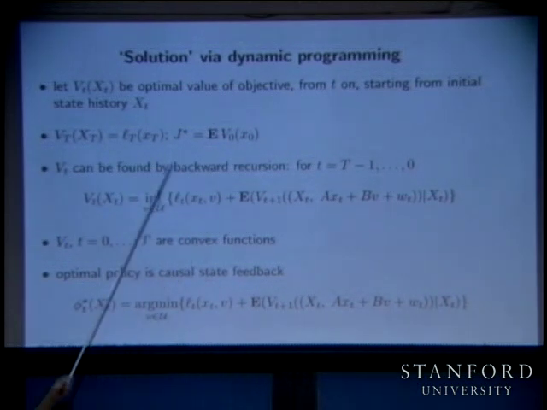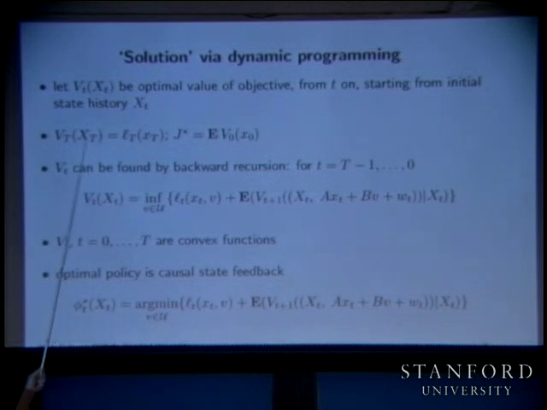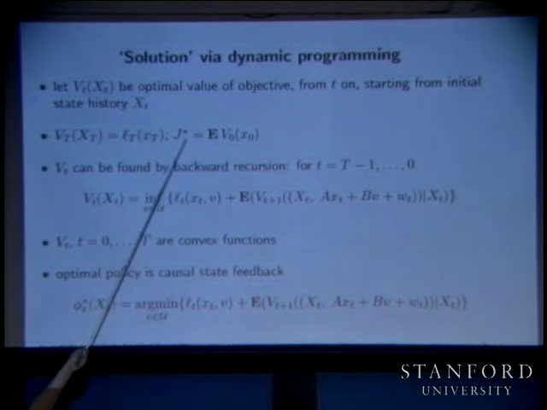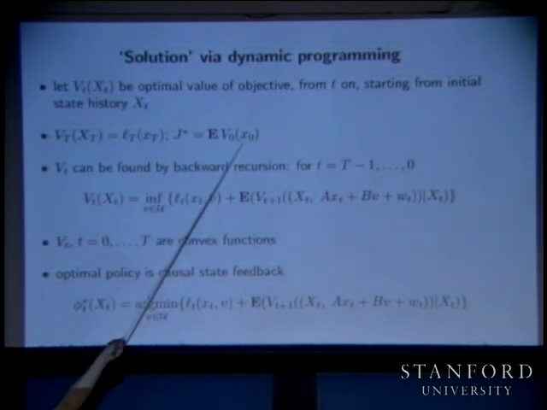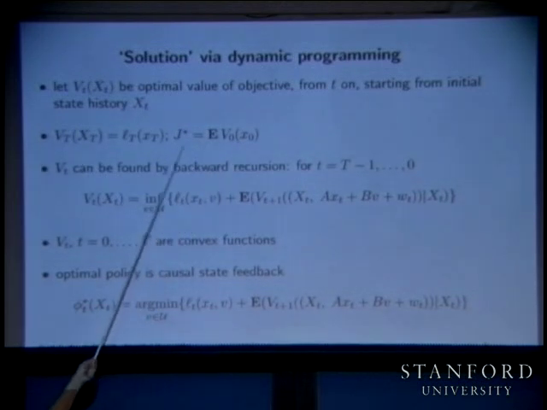This is x0 up to x_T, and it only depends on this last component here. And if you take this back to 0, then the expected value of V0 of x0 is a random variable. This is actually exactly equal to the optimal value of the original problem.